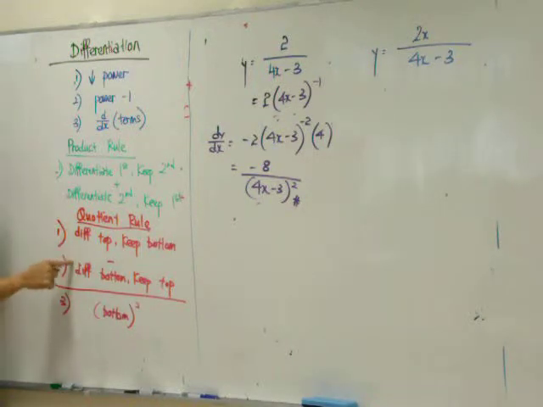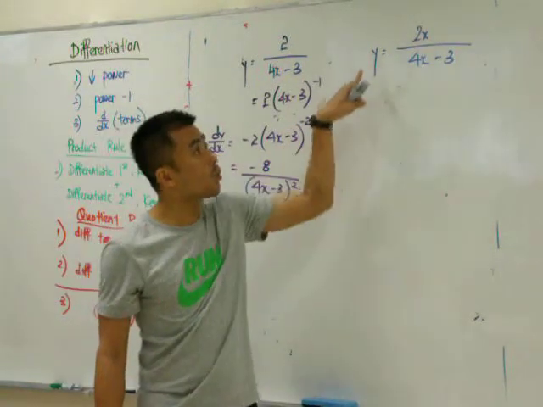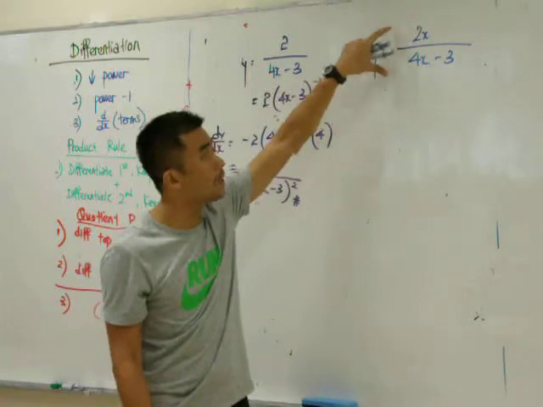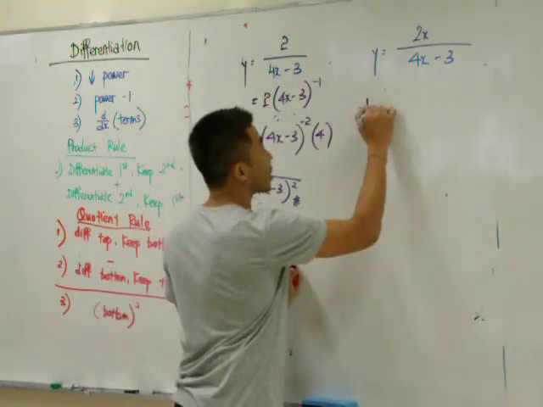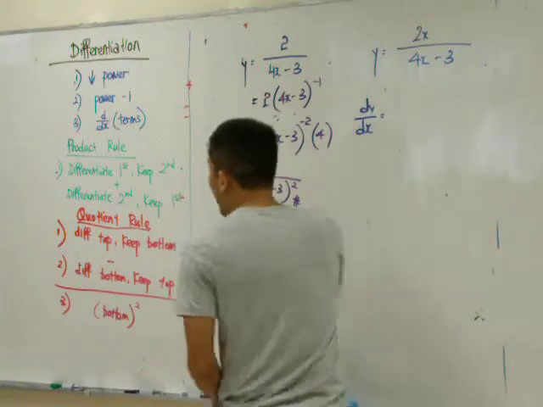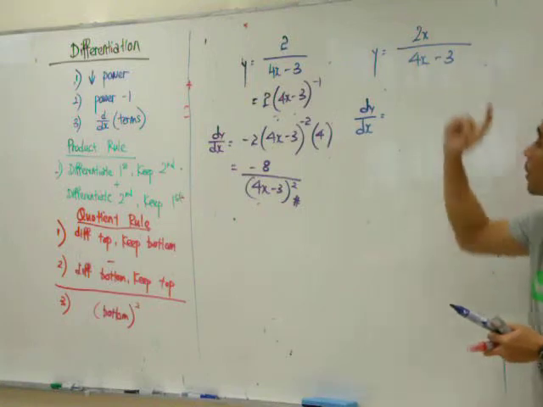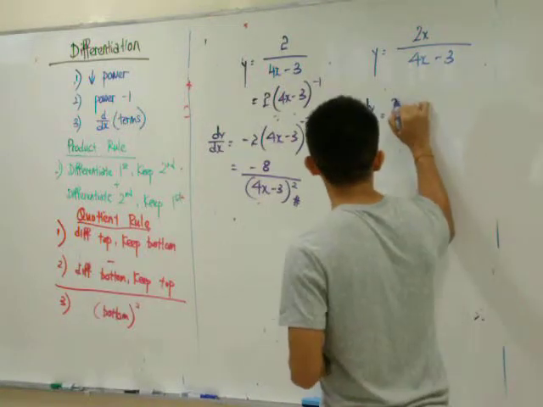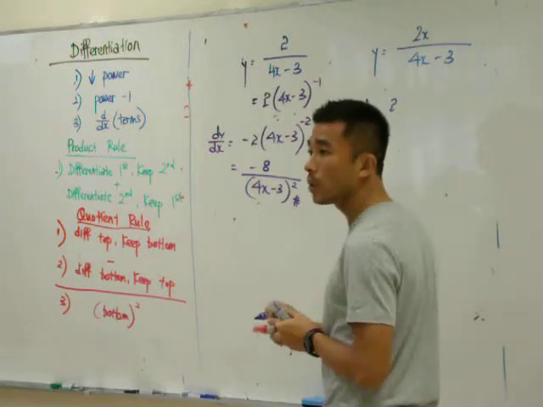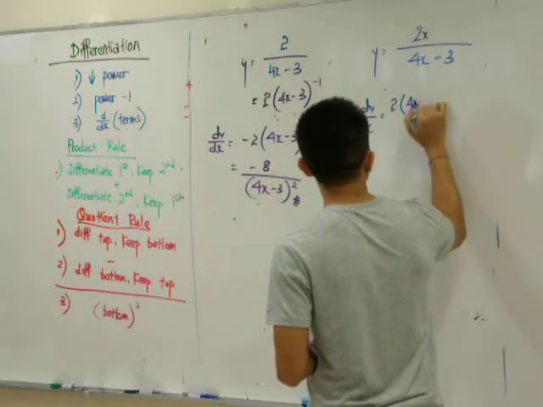Okay, I'm going to apply these 3 steps first to this question over here. Do we need to further simplify? No need. It's already a fraction, we can make use of the quotient rule. Now, if I need to do my differentiation, differentiate the top. So Kevin, differentiate the top, what do you get? 2. Navin, after that, what do we do? Keep the bottom. So I write it beside.